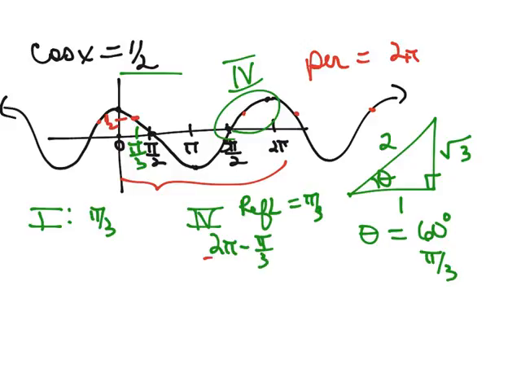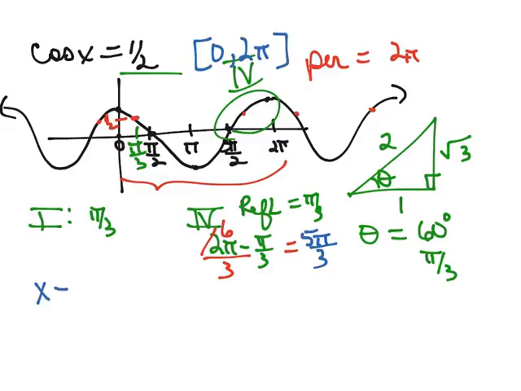So if we get a common denominator of 3, the answer will turn out to be 5 pi over 3.